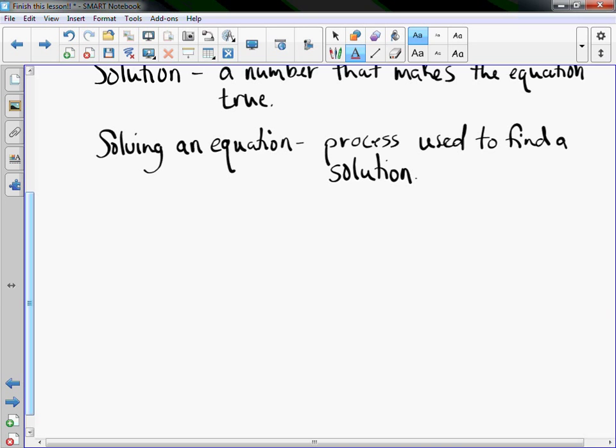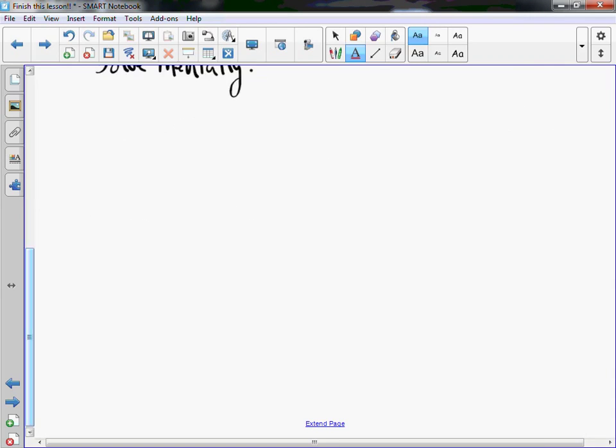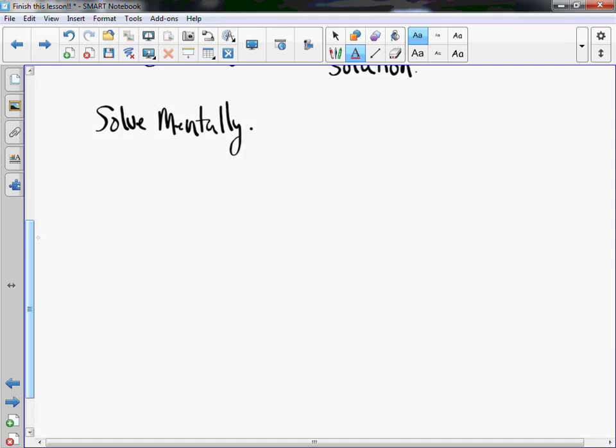Start off, we're going to solve equations mentally. So we're going to think through how to solve them. Okay. So let's solve a couple problems mentally. The first one we're going to solve mentally is 14 plus t equals 18.